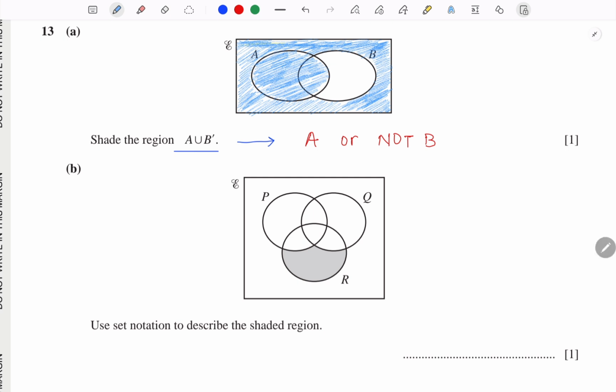See clearly here, I have shaded the whole area inside A. So this condition is fulfilled, because we need A. Now we also need everything that is not B. So to indicate everything that is not B, we need to shade the area outside B. All these areas are outside B, so we need to shade the region outside B because these parts are not covered in B. So we have A and we have everything that is outside B, and that is why this union operation, A union not B, will give you this shaded region.